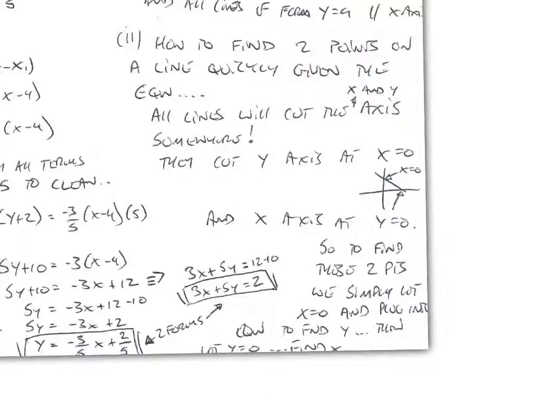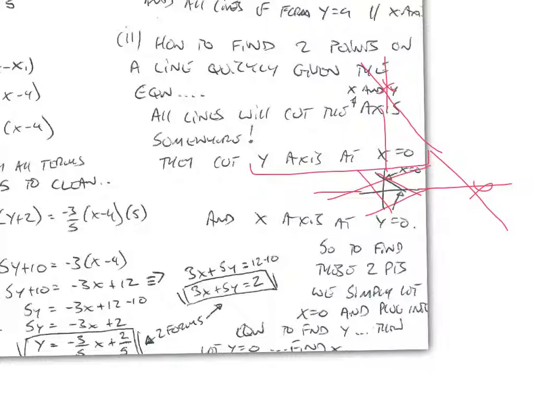Also, it's important to note that all lines will cut the x and the y-axis somewhere, however they're plotted. Okay? And if that's the case, it's important to know that a line will cut the y-axis at x equals 0, and it will cut the x-axis at y equals 0.